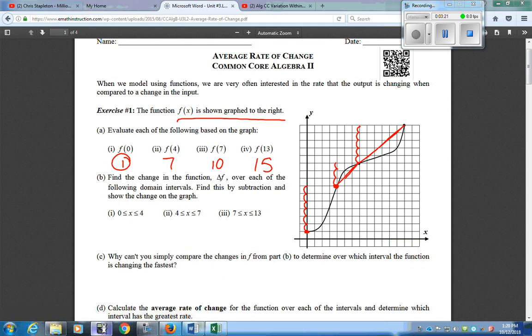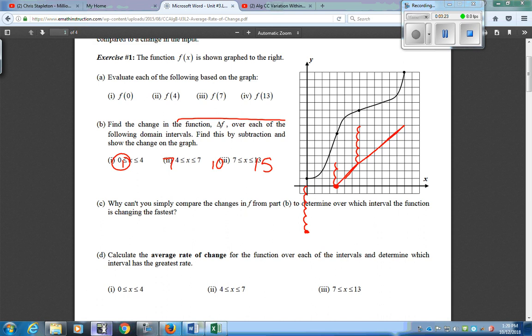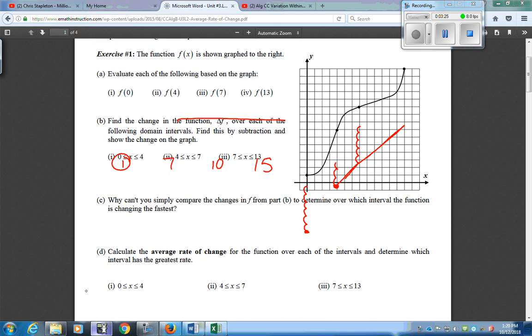I'm going to move this up a little bit. Now they want us to do 0 to 4. So we have 0, 1, and 4, 7. You can either do top minus bottom or bottom minus top, but either way you subtract, you're going vertical.